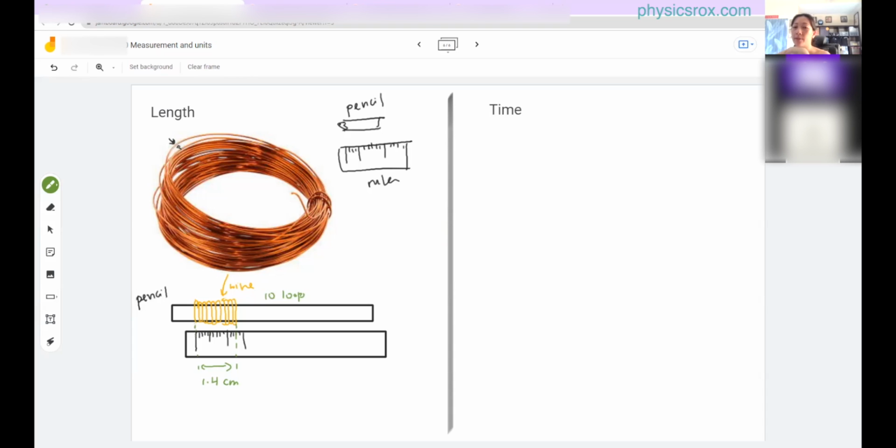Every time you give a number, you must give the unit. 1.4 cm.